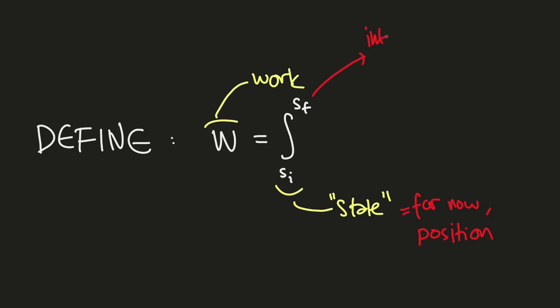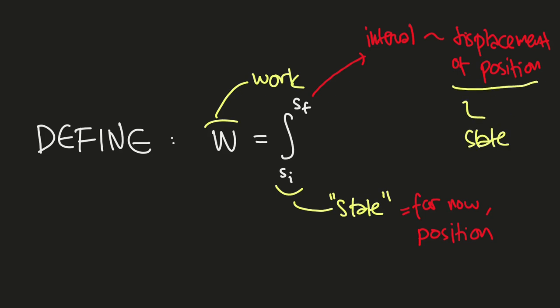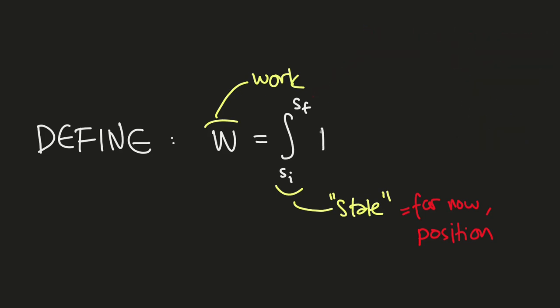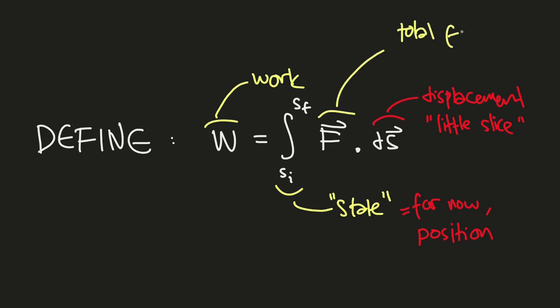So this integral tells you about the interval of displacement of position, which is displacement of state. Inside the integral is F vector dot product with ds, where ds is a little slice of displacement, just like a partition in a Riemann sum, and F vector is the total force of the system.